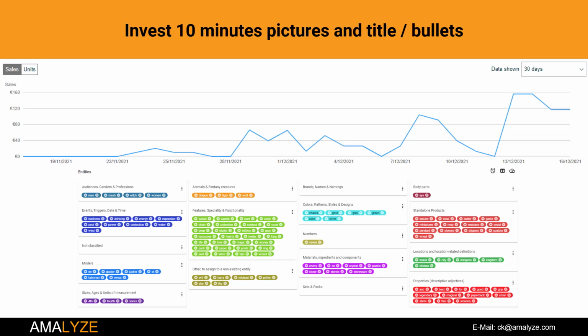With entities, you can directly figure out what a customer wants to see in the picture, what he is thinking about, and what you should talk about in your title or bullets, or also in the pictures. That was 10 minutes, and we started to grow under the search and also the conversion rates. So don't miss that opportunity with a good tool.